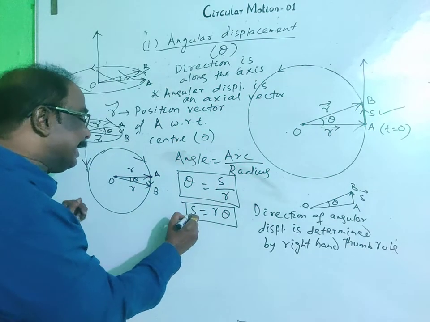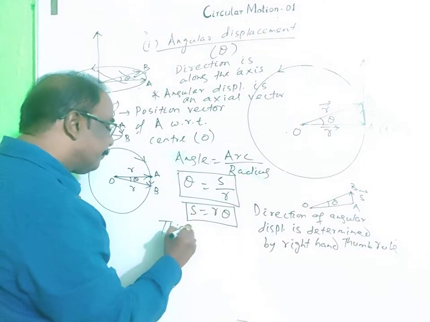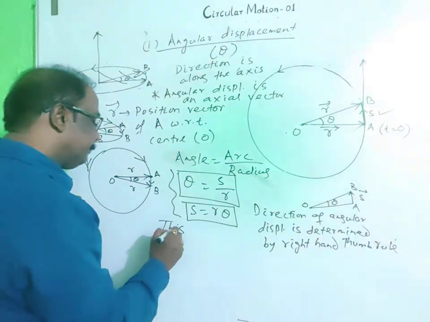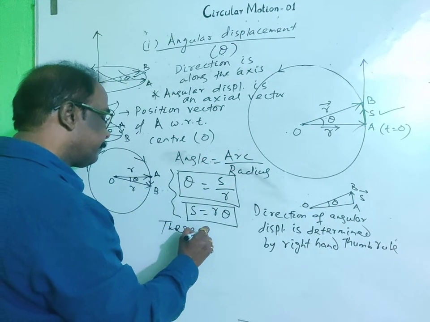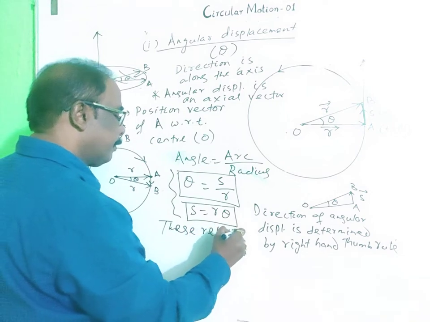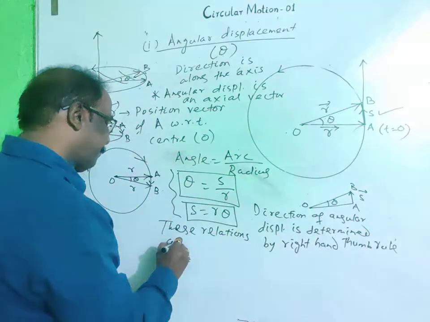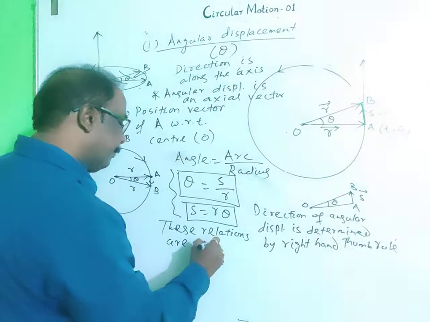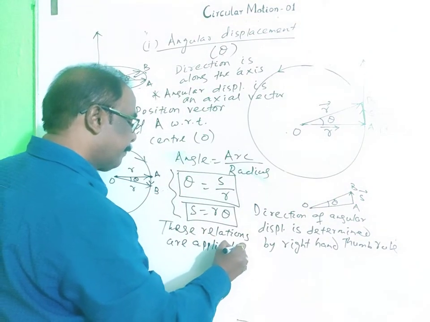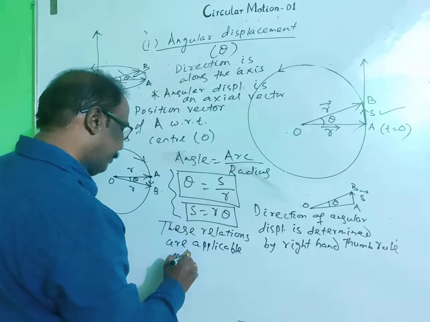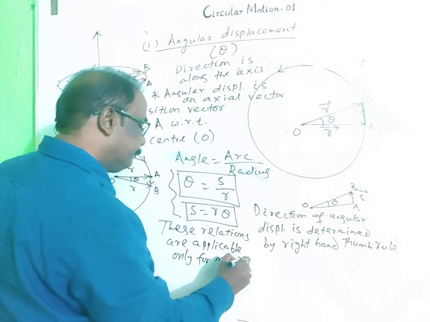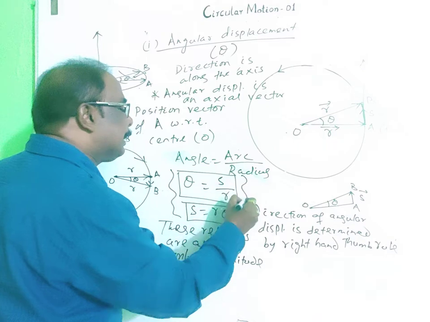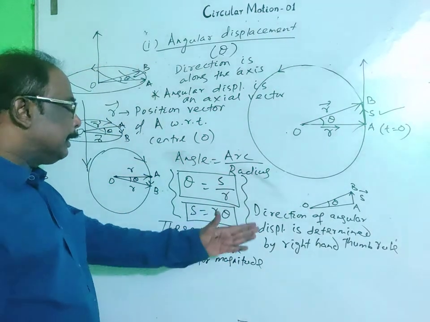So these relations are applicable only for magnitude. This is not in vector form.